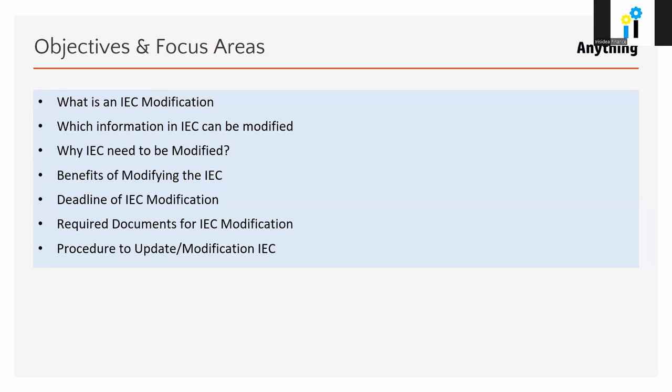Why does the IEC need to be modified? First, there's a notification which DGFT has issued. That's why every time, once a year, you have to modify your IEC, between April and June. The benefit is that it helps to run the business smoothly without deactivation. It helps business transactions go easily.